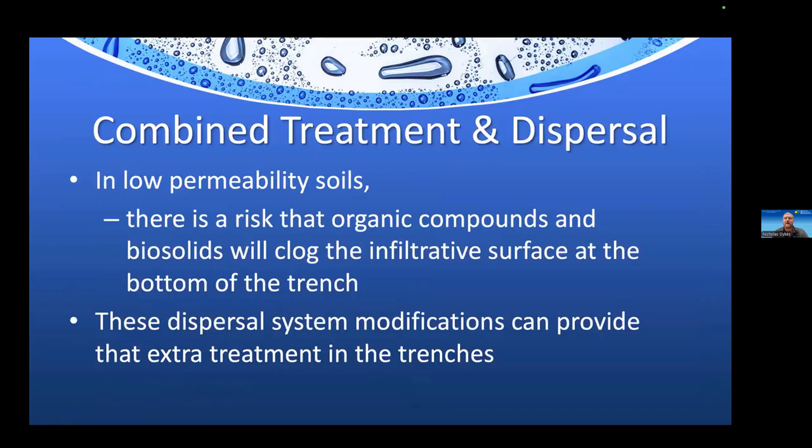So we also have combined treatment and dispersal. This is another system that's used in low permeability soils. There's some risk that organic compounds and biosolids will clog the infiltrative surface at the bottom of the trench. These dispersal system modifications can provide that extra treatment in the trenches, by combining treatment inside of our trench and also dispersing the effluent.